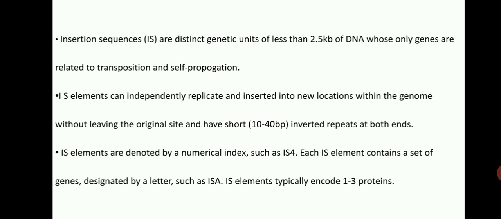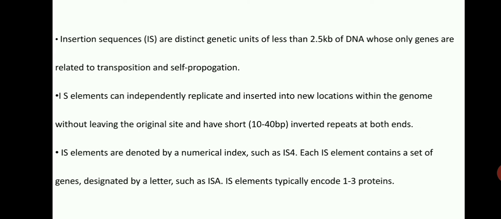Insertion sequences are distinct genetic units of less than 2.5 kilobase pairs of DNA whose only genes are related to transposition and self-propagation. IS elements can independently replicate and insert into new locations within the genome without leaving the original site, and have a short 10 to 40 base pair inverted repeat at both ends.